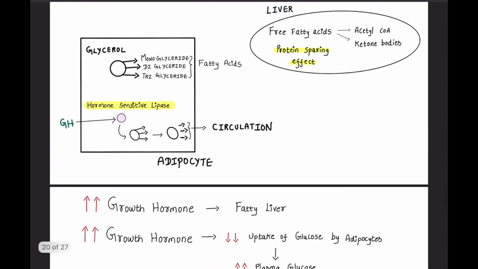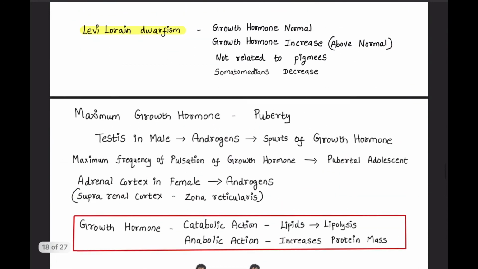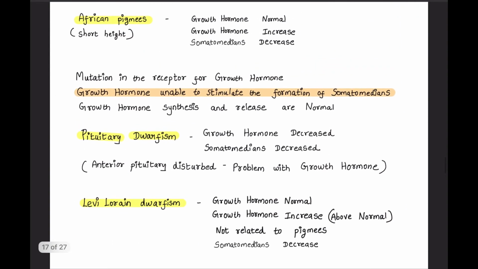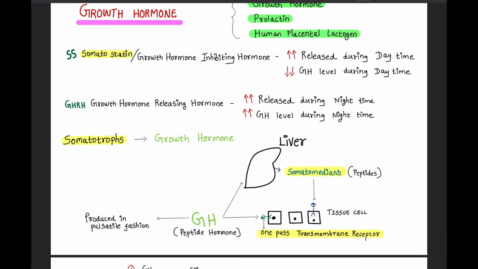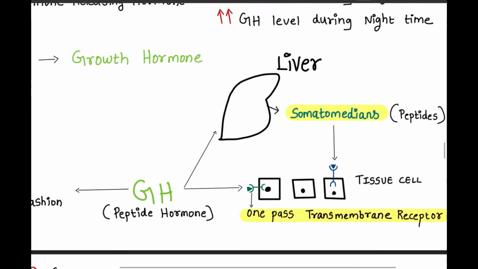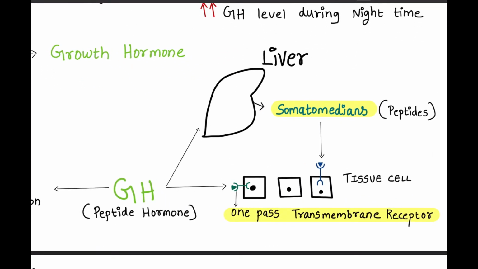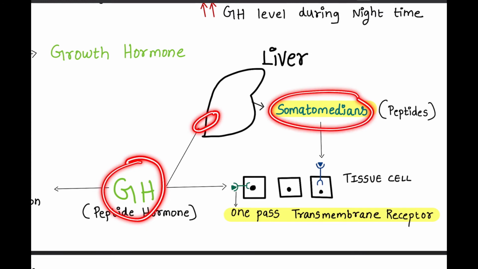Now we will see dwarfism. There are two kinds of dwarfism: pituitary dwarfism and Laron dwarfism. We have discussed that if there is any mutation or disturbance to the one-pass transmembrane receptor, growth hormone cannot stimulate somatomedins.